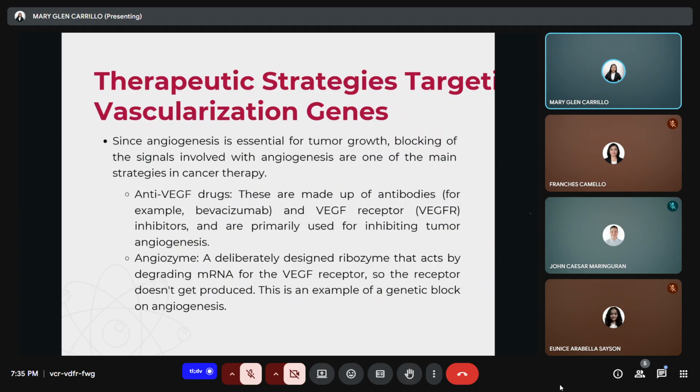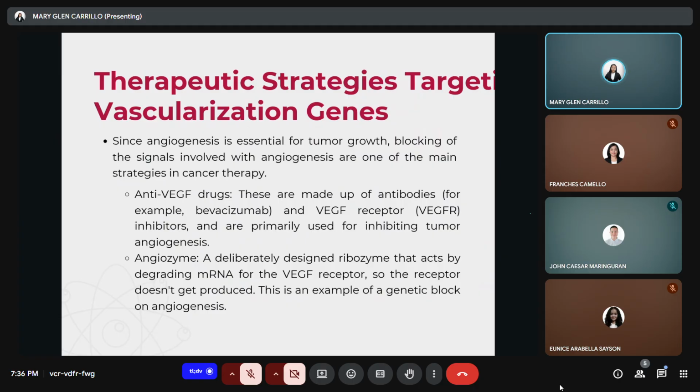So first, one of the common approaches is using the anti-vascular endothelial growth factor drugs, or the anti-VEGF drugs. These are special medicines made up of antibodies like bevacizumab and VEGF receptor inhibitors.